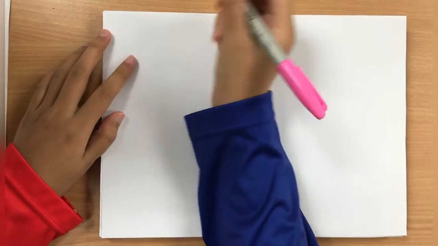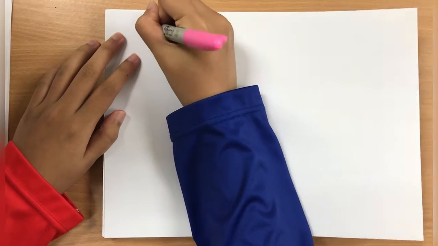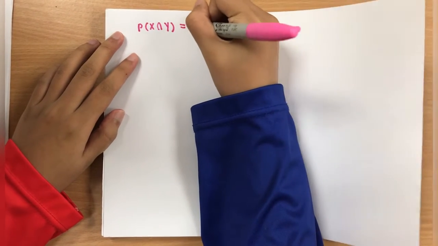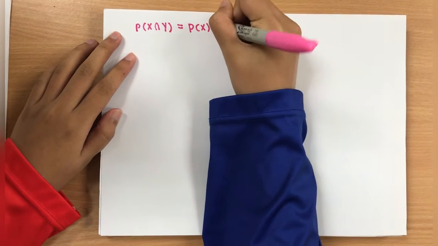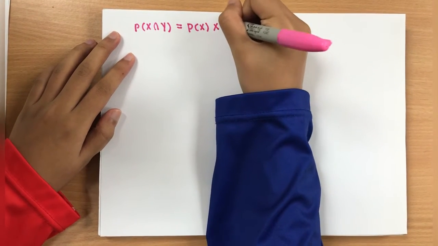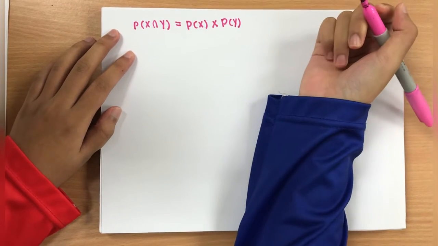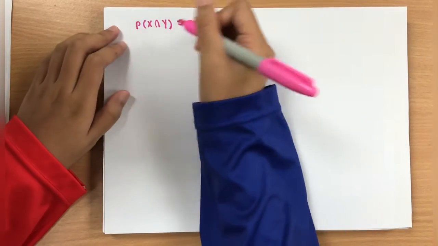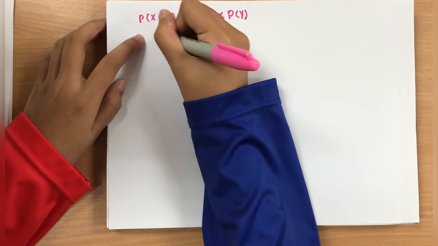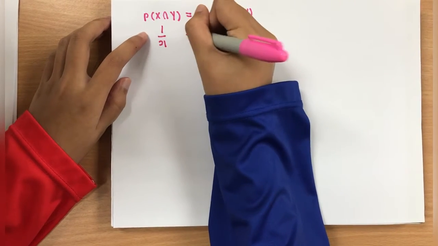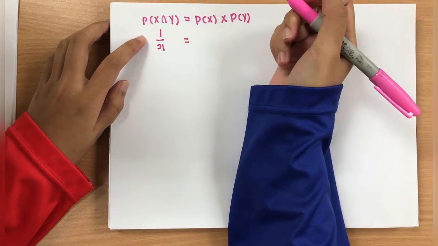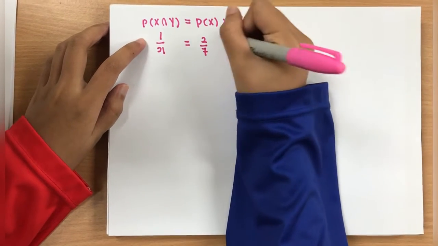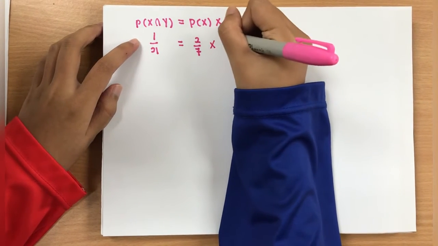The next question is, determine whether X and Y are independent events. The formula is P(X intersect Y) equals P(X) multiplied by P(Y). We already have the value for P(X intersect Y), which is 1/21, the value for P(X) is 2/7, and the value for P(Y) is 4/9.